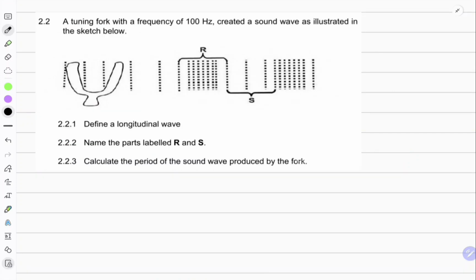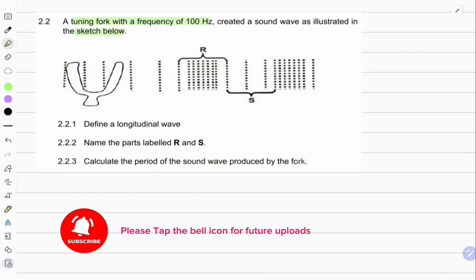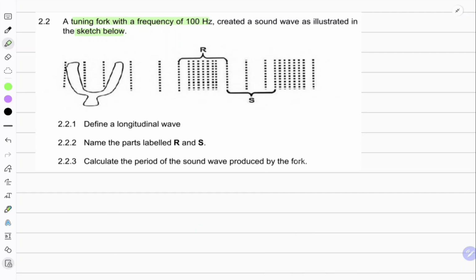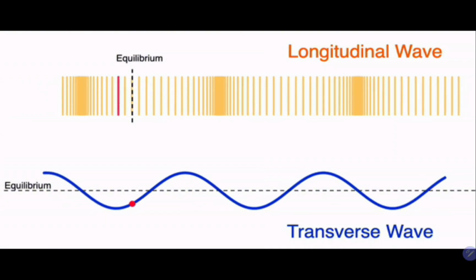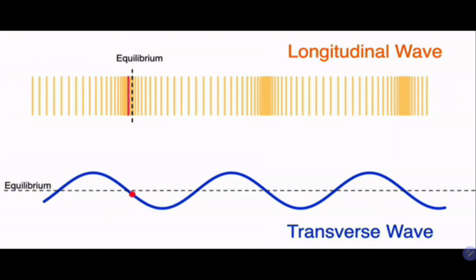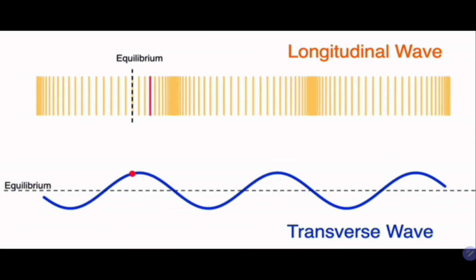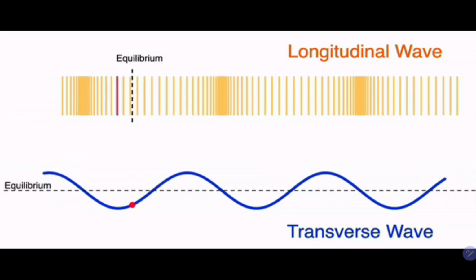So moving on to the next question, it says a tuning fork with a frequency of 100 hertz creates a sound wave as illustrated in the sketch below. The sketch below represents a longitudinal wave. Let's quickly dive into the definition of a longitudinal wave. On the schematic, you can see that the longitudinal wave is represented by the orange wave, and the equilibrium position is the dotted line.